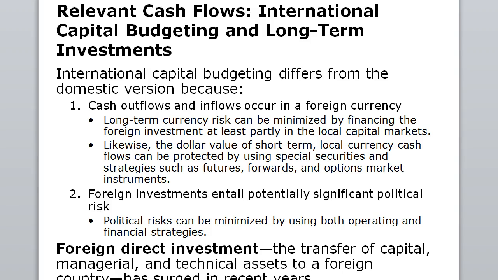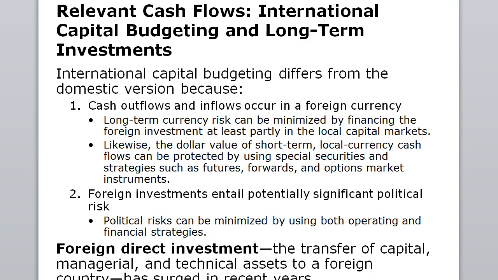you could protect or hedge your currencies by using futures, forwards, or option contracts as a way of locking in the price. And foreign investments entail a certain amount of political risk of how you're doing business in the other country. So if the other country changes their laws or changes the government, these are types of risks that you could worry about by getting involved in foreign investments in other countries.